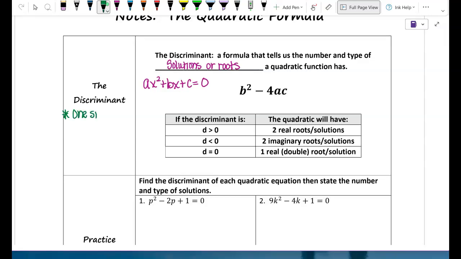One side of the equation must be equal to 0 before any work can be done.